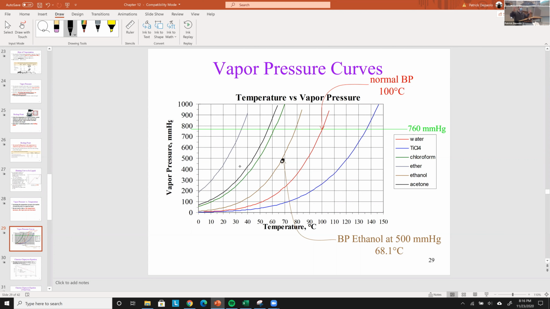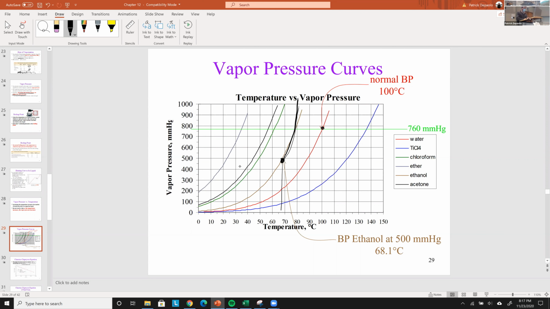More of the ethanol is becoming vaporized until you get to the boiling point, which is right here at 68.1. And then it even shoots up more exponentially. That's because now more molecules at a faster rate, almost instantaneously at that temperature, are becoming gaseous, are becoming vaporized. In water, that process takes longer, 100 degrees.